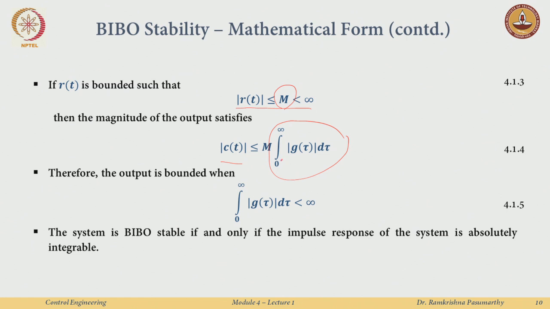So, the output is bounded when this guy is also finite, or when integral 0 to infinity the absolute value of g is less than infinity, or it is bounded. And this guy is essentially the impulse response of the plant, right. So, the system is BIBO stable if and only if the impulse response is absolutely integrable, that the limit of this integral exists, or it is a finite value, otherwise it goes unstable.